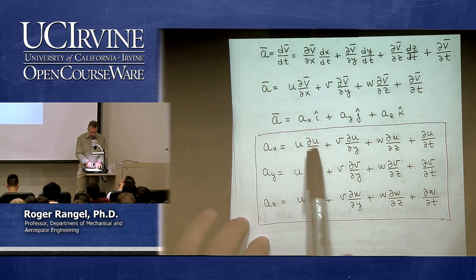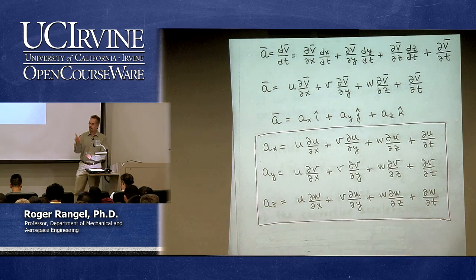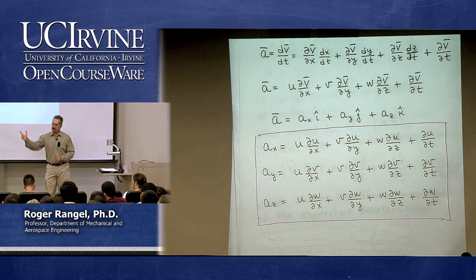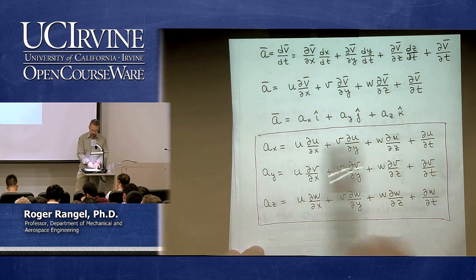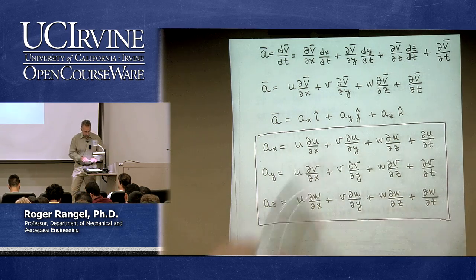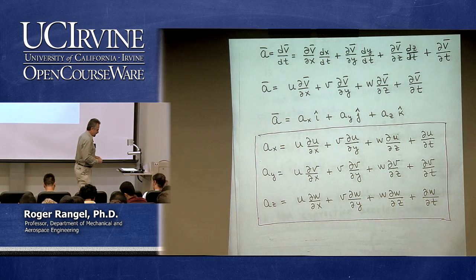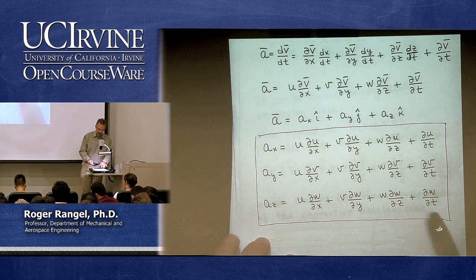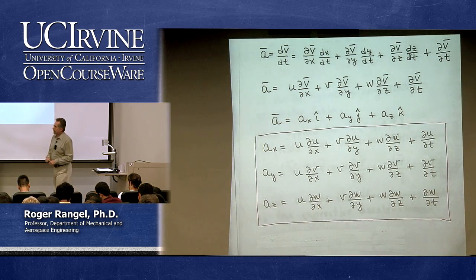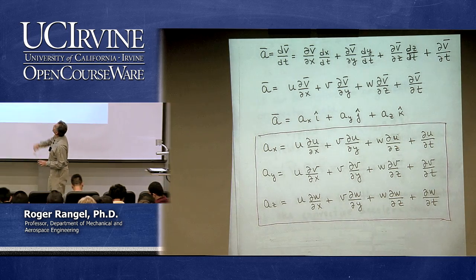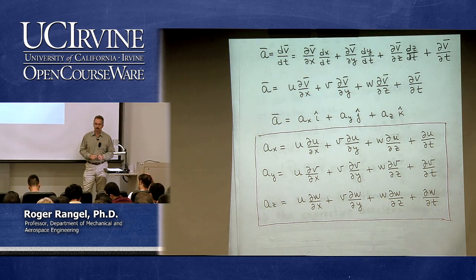So u ∂u/∂x plus v ∂u/∂y plus w ∂u/∂z. That's the convective acceleration in the x direction. And then you add to it the local acceleration in the x direction, and that's your component of the acceleration in x. And then similarly, you have a component in y and a component in z. So that big monster, a total of 12 terms, makes up the acceleration of a fluid element.